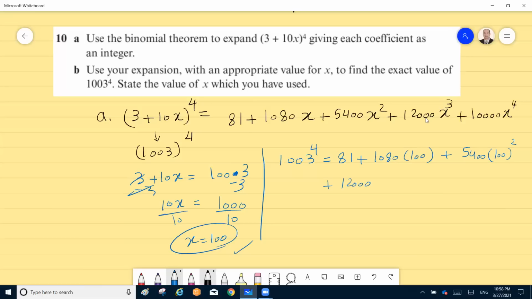It's a big number really, you can write it in scientific notation, no problem. Write this answer in scientific notation for me in the comments.